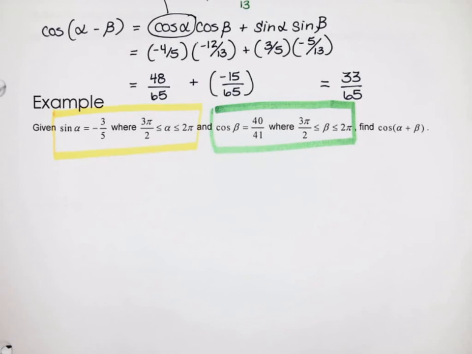And ladies and gentlemen, if you don't want to draw the triangle on the coordinate plane and you know it, that's okay too. But I think it's helpful to draw it on the coordinate plane. 40 and 41, what is this?